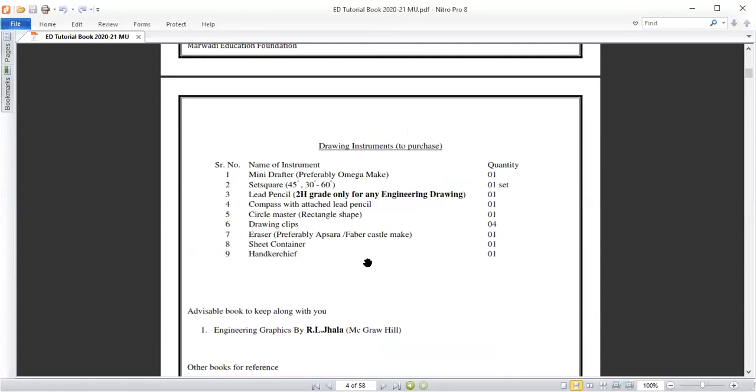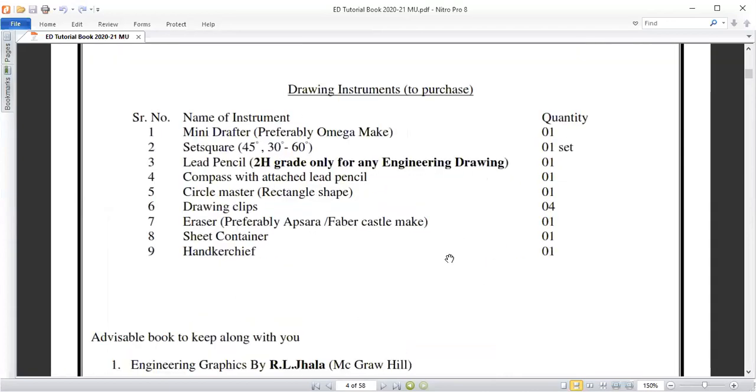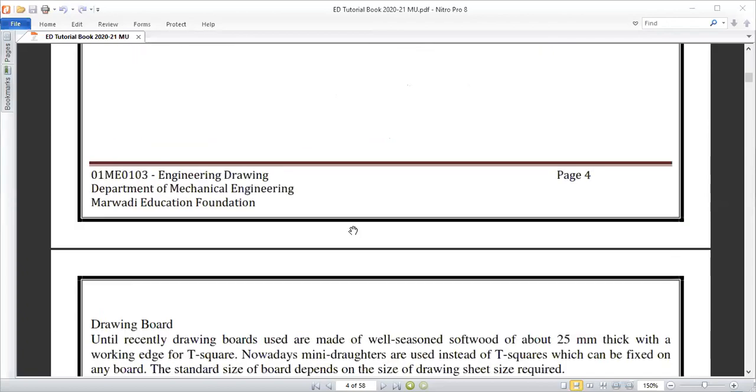We also discussed how to use these instruments, like the set square, compass, and circle master, and how to utilize all these different instruments in our drawings. This part we have already discussed in the last laboratory session, and you were also instructed in the last lab to use these instruments in the upcoming laboratory session.